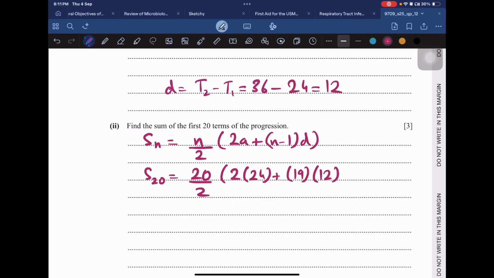So d is 12. So this becomes 10 times, 2 times 24 will be 48, plus 19 times 12 will be 228. 48 plus 228, and then multiplied with 10 is 2760.